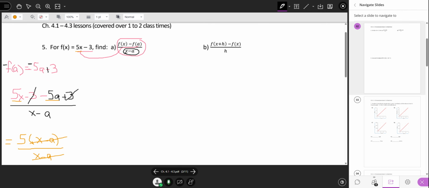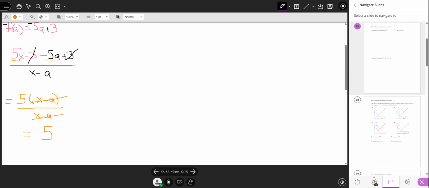What's in front of x? So if this is in y equals mx plus b format, your answer for part A is m.